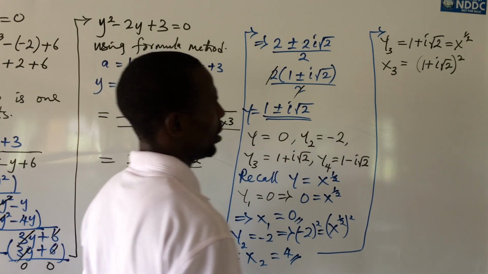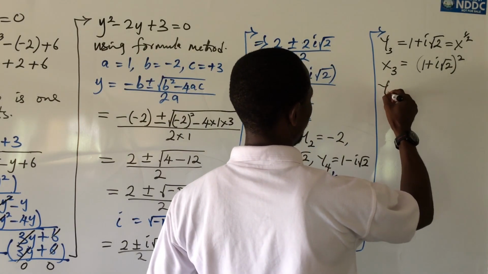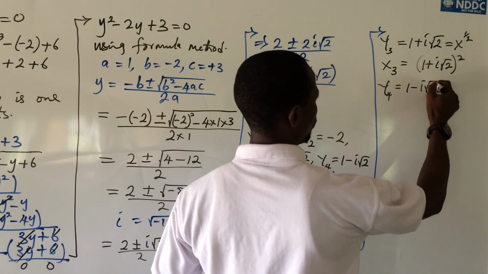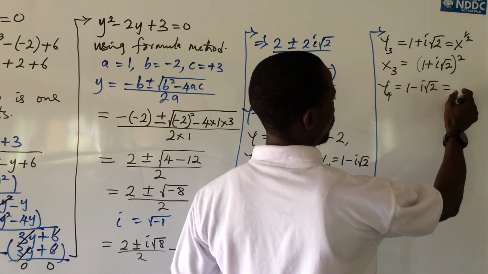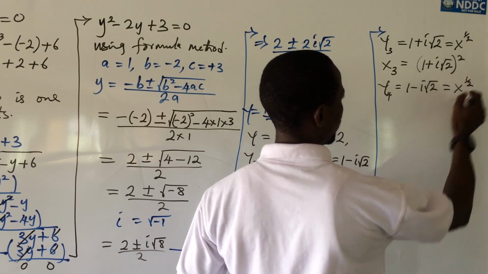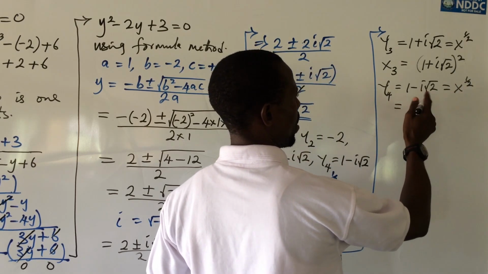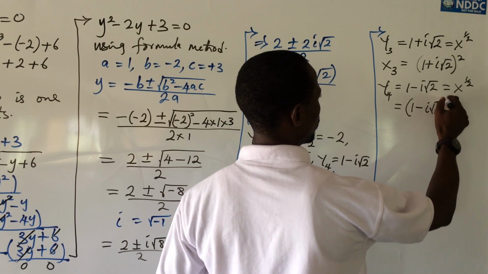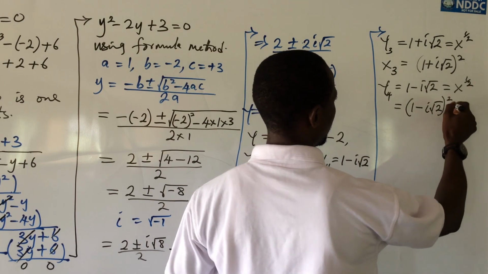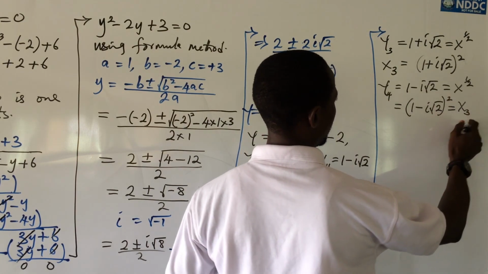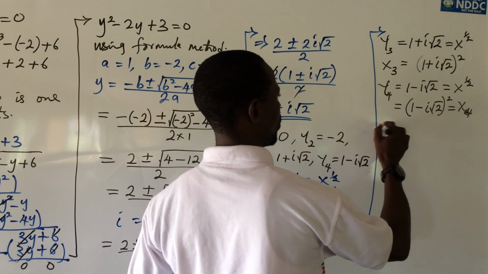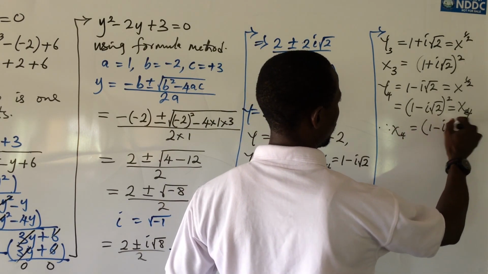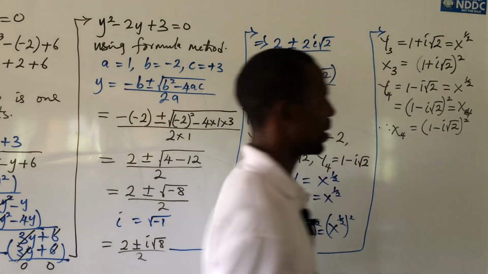Then we do that for the last one. y4 is equal to 1 minus i root 2, which is equal to x to the power of 1 all over 2. If we square both sides, this will give us bracket 1 minus i root 2 all squared. This is our x4.